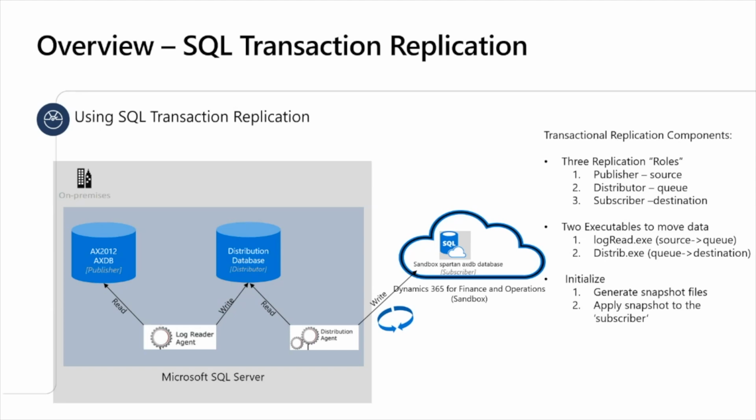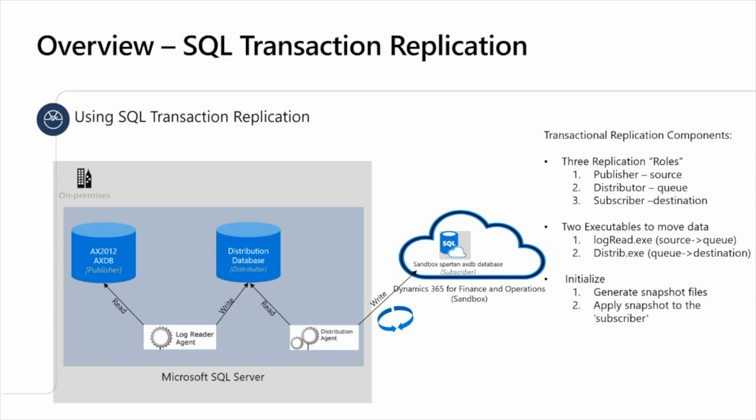It's an executable that monitors the transaction log of each database configured for transaction replication and copies the transactions marked for replication from transaction log into a distribution database. Therefore, you would see log reader agent reading from AX2012 DB or my source or publisher and writing to distributor database, right?